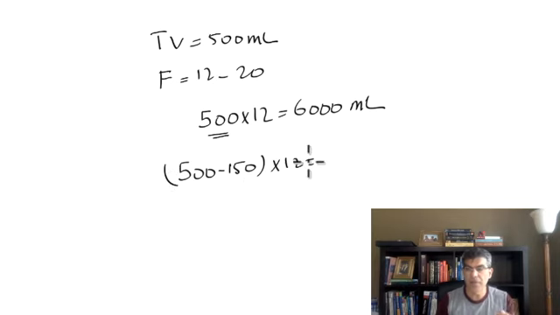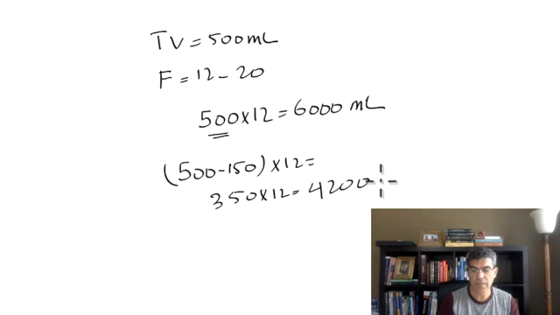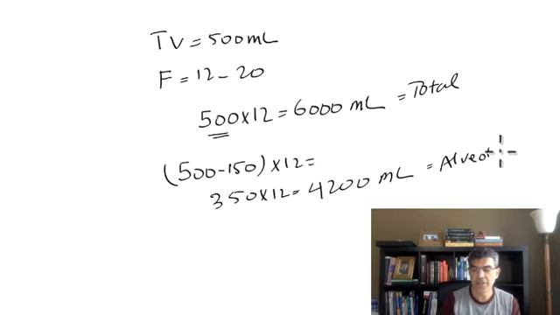So alveolar ventilation is less than total ventilation because 150 ml every time you breathe is wasted. So therefore, it's going to be 350 times 12, and that is equal to 4,200 ml. So why is it important to understand the difference between total ventilation versus alveolar ventilation? This is total ventilation. This is alveolar ventilation.